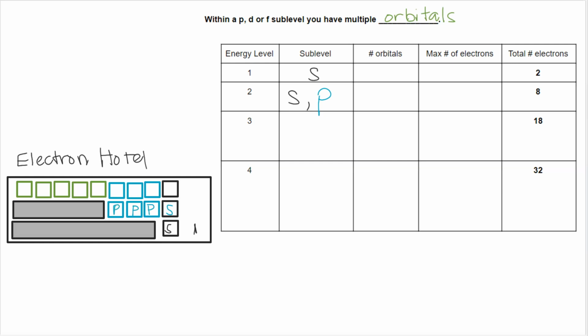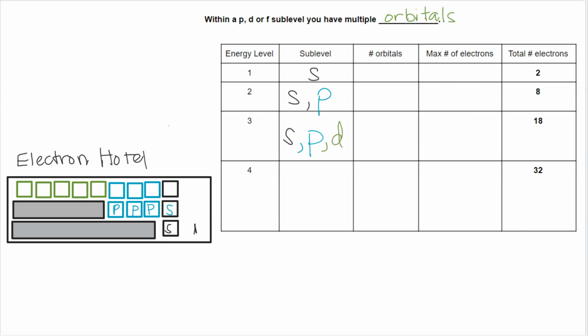Okay, then when we go to energy level 3, we add more variety to the shapes of our subshells or the shapes of our orbitals. We still can have S, we still can have P, but now we can have a third type of sublevel. We can have D-type sublevels.